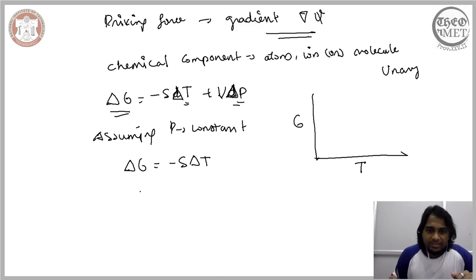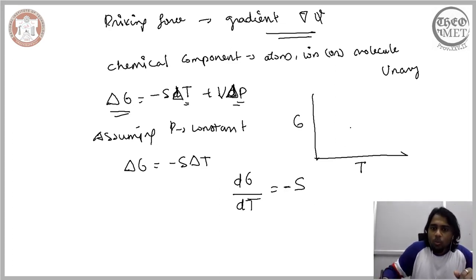When you consider this expression, we can understand that the infinitesimal change of the Gibbs free energy with respect to temperature will be negative S. So it will be minus S or negative entropy.